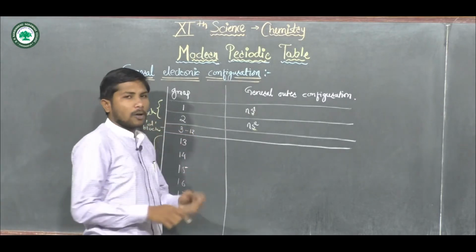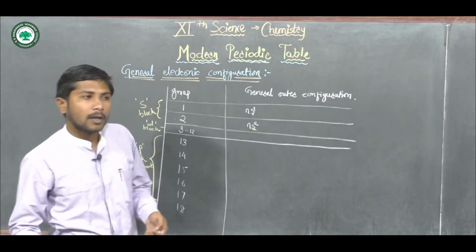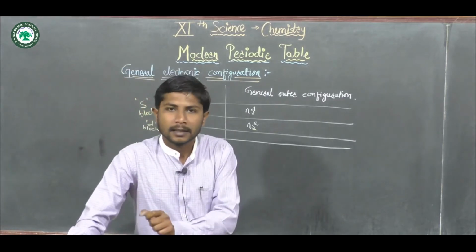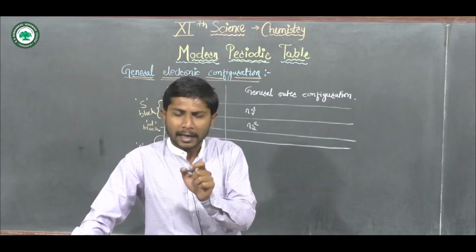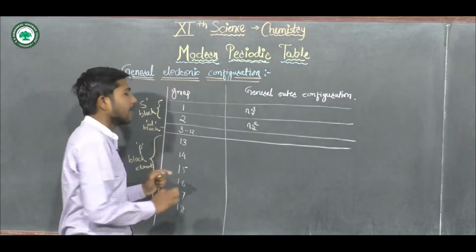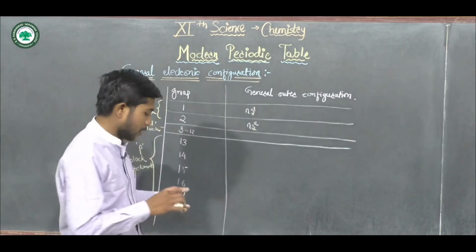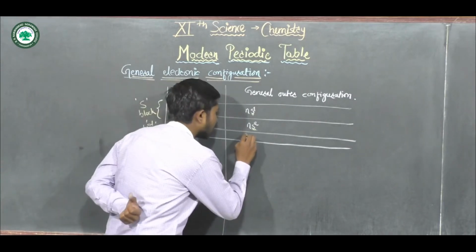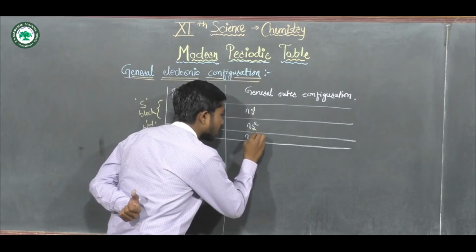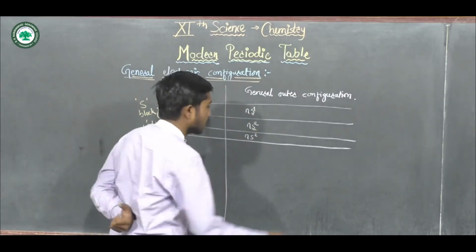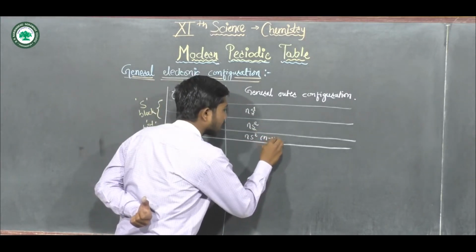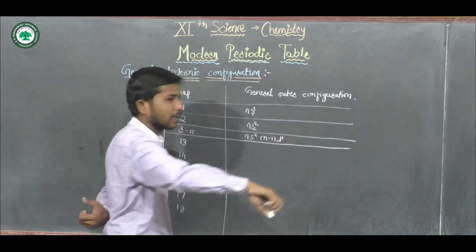We know S, P and D are orbitals or energy levels, and D is a higher energy level, so the general electronic configuration will be, after filling the ns orbital, the next d orbital starts filling.